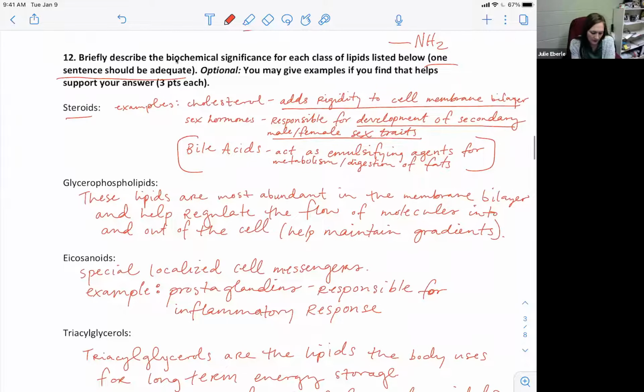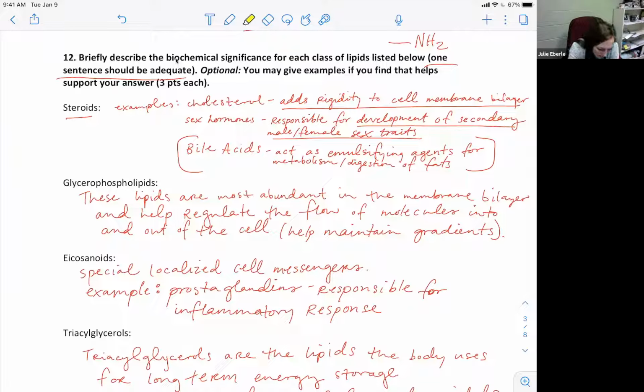Glycerophospholipids, I think most everybody got this really great. We said that they are abundant in the membrane bilayer, and they help regulate the flow of molecules into and out of the cell. Okay, so they help maintain gradients.